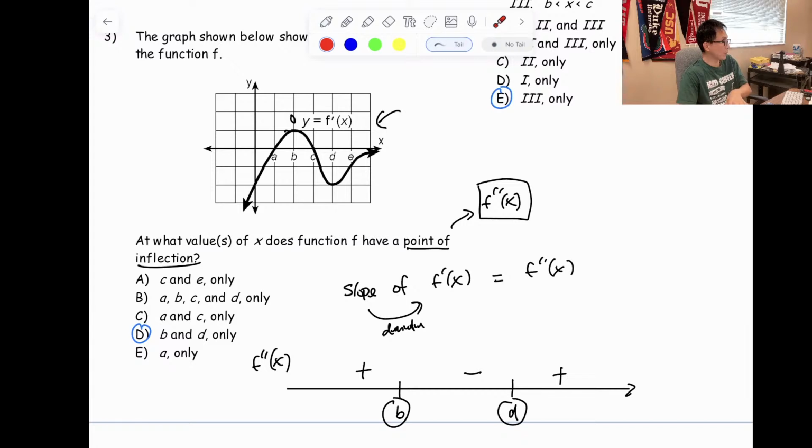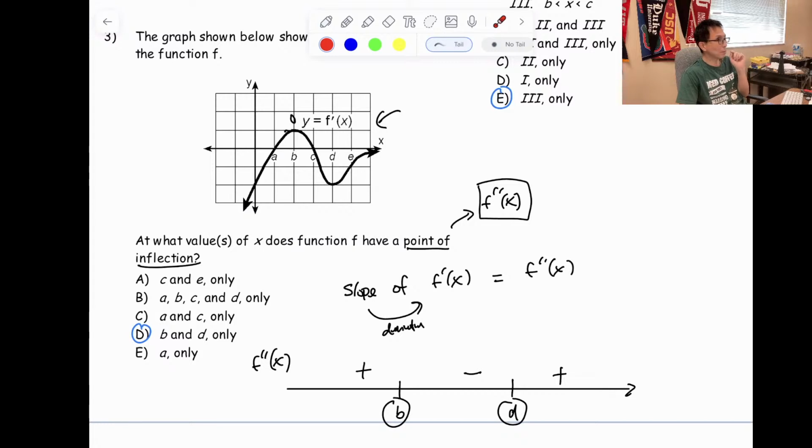Neil, do you understand this question? Are you sure? What if I ask you a new question? Will you be able to answer it? Okay. So where does the relative maximum occur in here? See, you didn't understand the question. B is not a relative maximum because b is an inflection point. A lot of you guys zone out for 10 seconds and then that turns into 10 minutes.